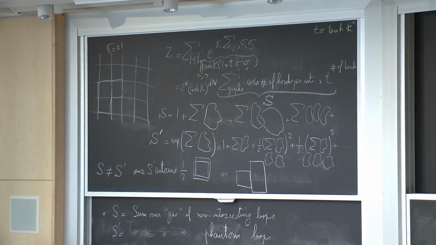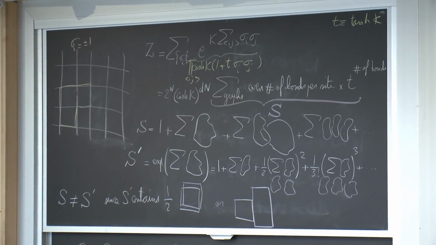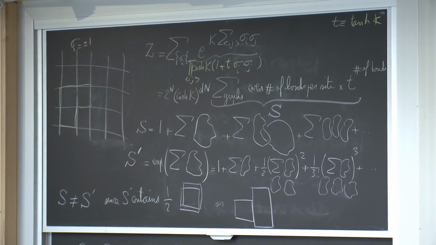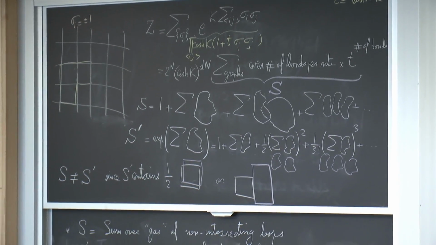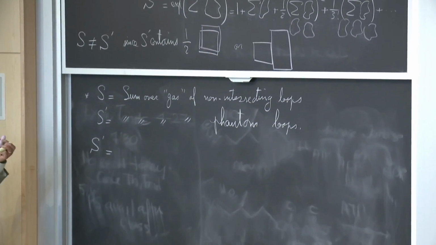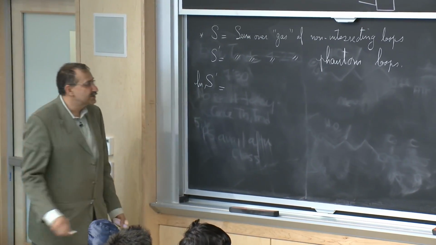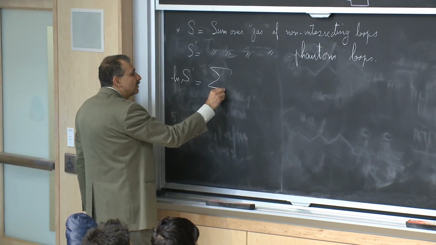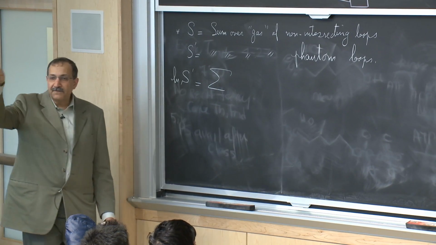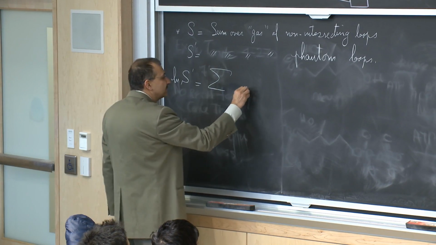So let's go and take a look at this S prime. So S prime, actually log of S prime, is a sum over graphs that I can draw on the lattice.